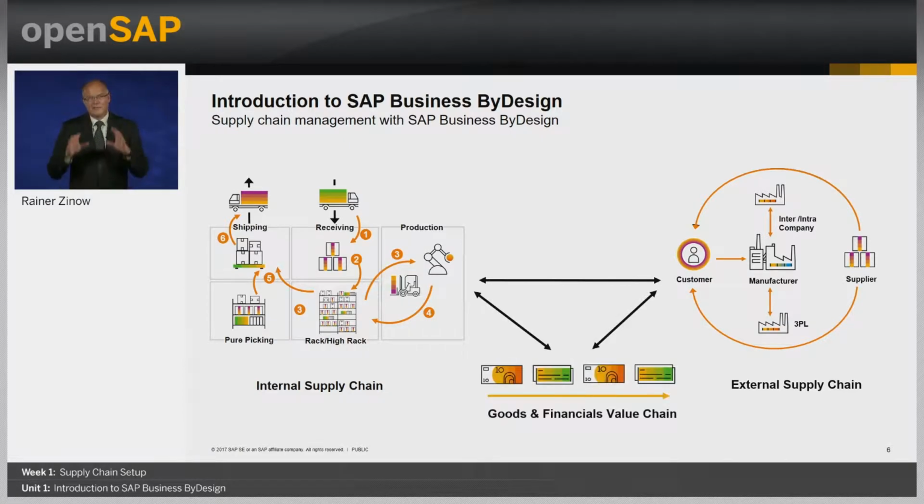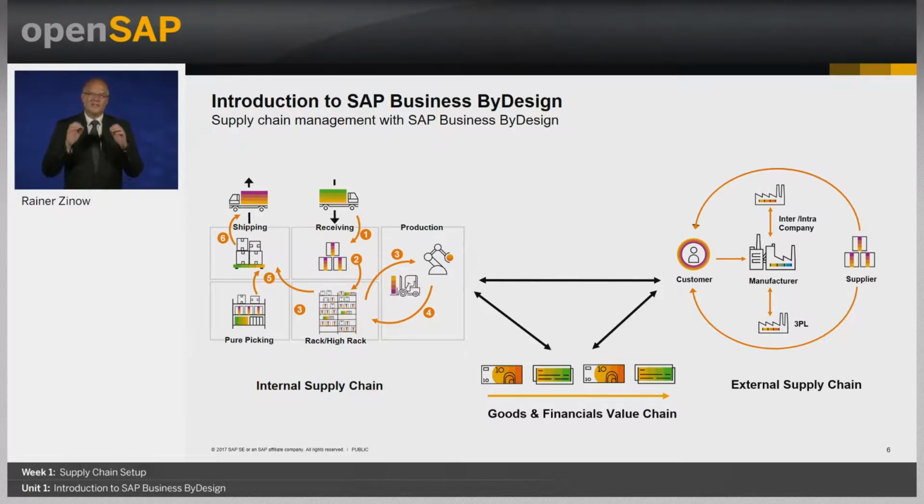Last but not least, the key thing about supply chain management is that it is the other side of the coin on which you will find financials. Supply chain management and financials need to be tightly integrated because everything you do in your supply chain always has a financial impact. If you manufacture something, it has a financial impact. If you revaluate something, it has a financial impact.